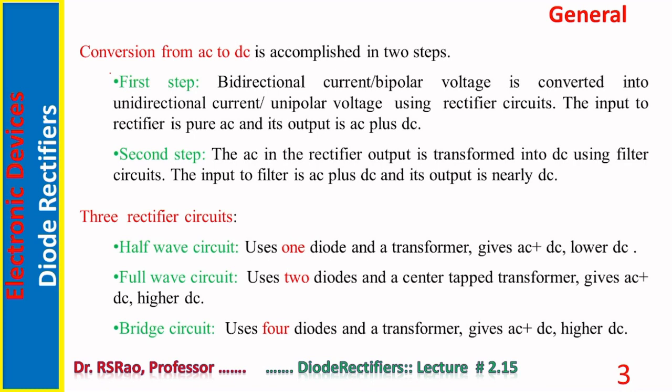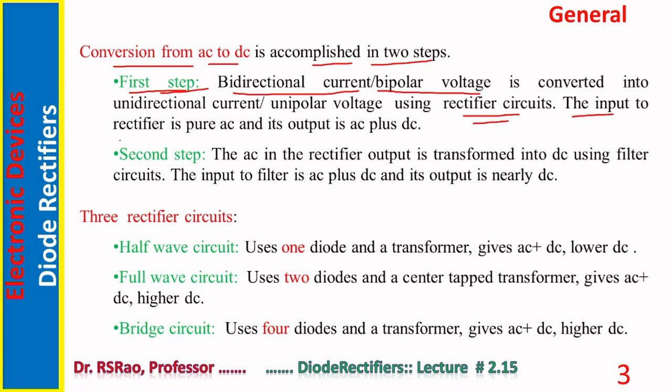Now, some more points regarding rectification. Conversion from AC to DC is accomplished in two steps. In the first step, bidirectional current or bipolar voltage is converted into unidirectional current or unipolar voltage using a rectifier circuit.